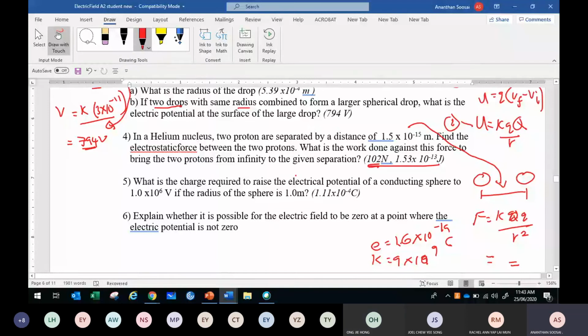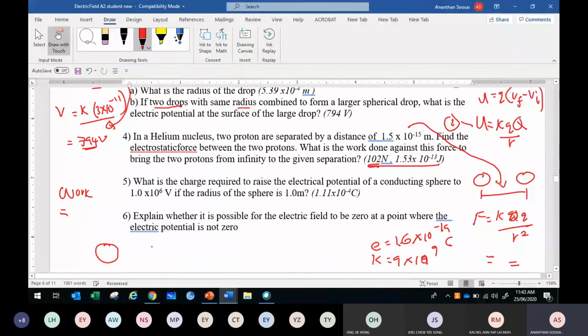Okay, the next one, maybe you need to think a little. What is the work done against this force to bring the two protons from infinity to the given separation? So what is work done? How much is the work done?